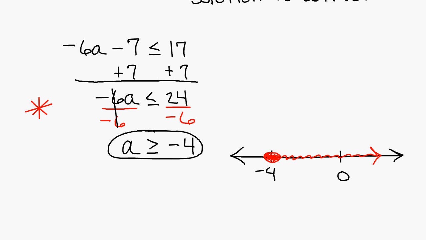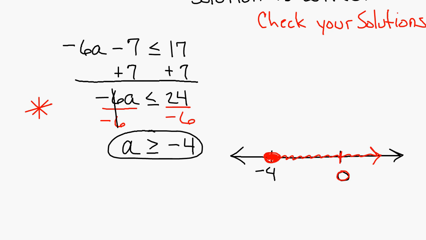So now when you are checking your solutions, you can pick anything greater than or equal to negative 4. In this case, it's very easy to check a 0, because 0 is in the solution set.